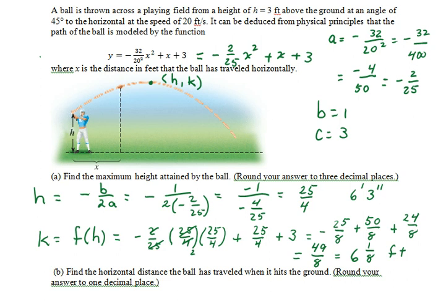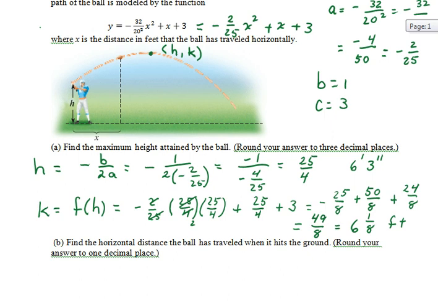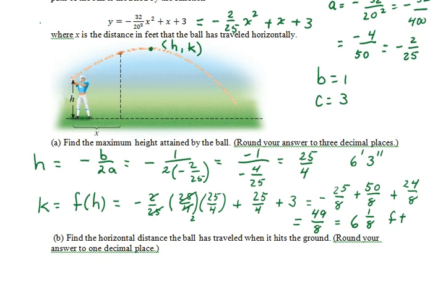Now, where does the ball reach the ground? We will then want to know where f of x equals 0. And so we're going to have 0 equals -2/25 x squared plus x plus 3.